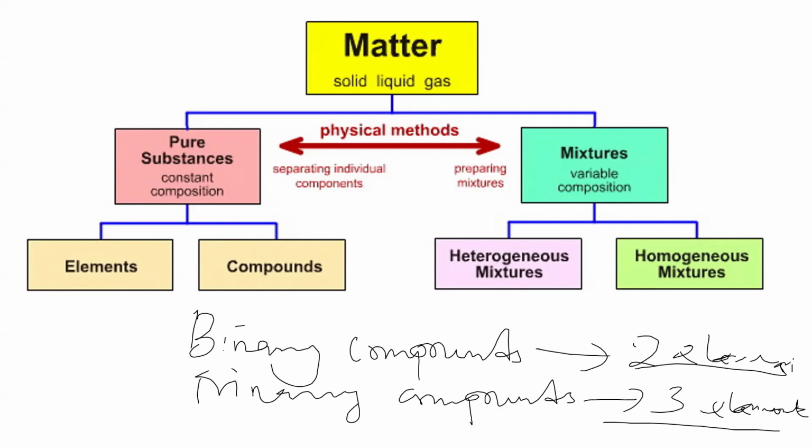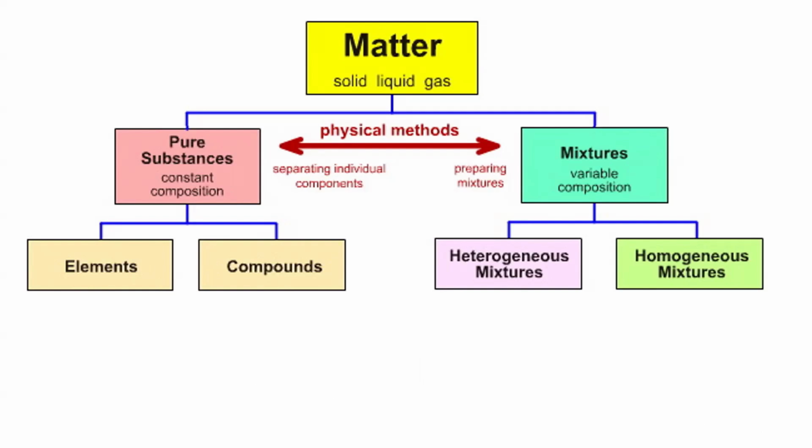And what is heterogeneous mixture? A heterogeneous mixture is a type of mixture in which the components of the mixture can clearly be seen with the naked eye. For example, chalk plus water. Generally, in the case of heterogeneous mixtures, we usually have suspension.